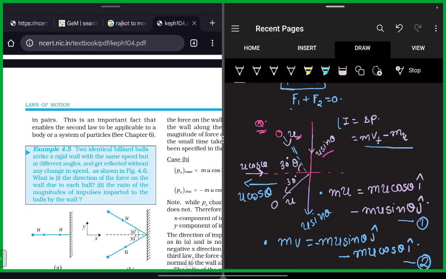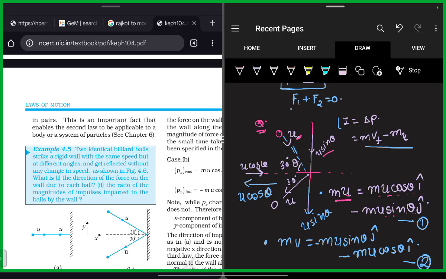Then we wrote down the momentum. We can clearly find out the velocity in terms of its components in x and y direction. Then we simply multiplied it with its mass, so it becomes its momentum. So u cos theta i cap minus u sin theta j cap. How is it minus?